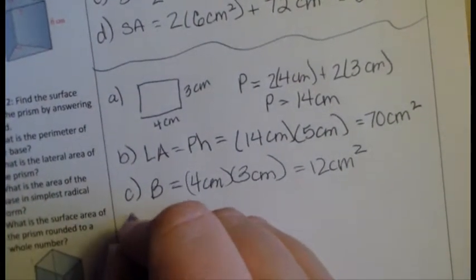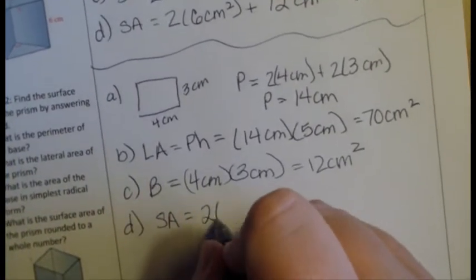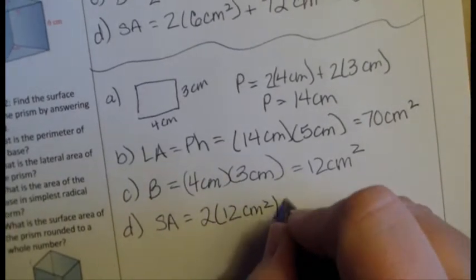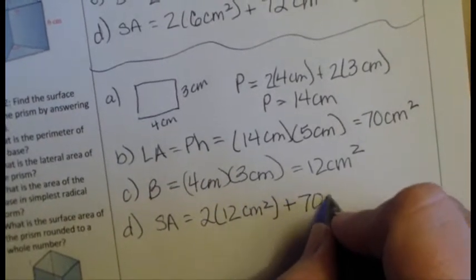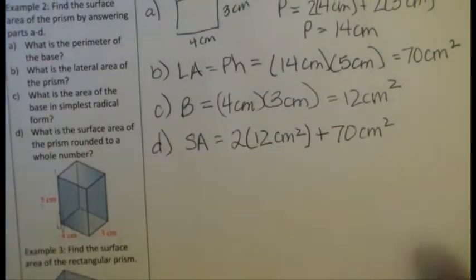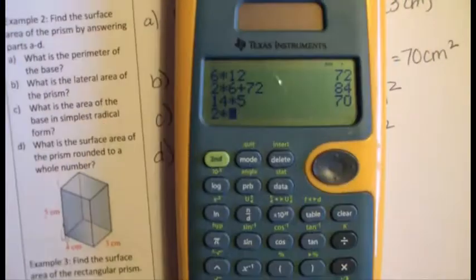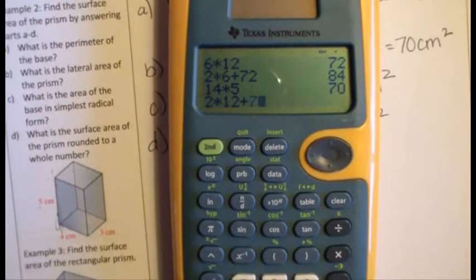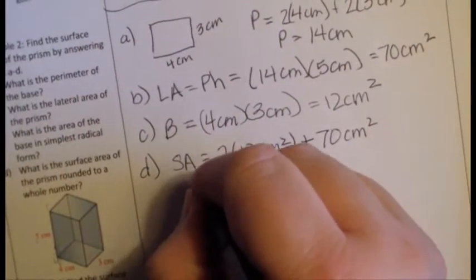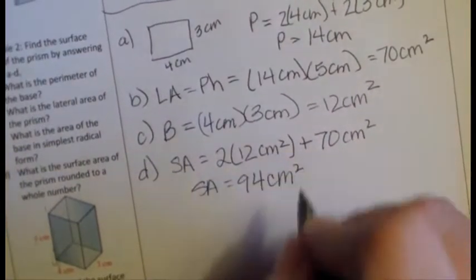So the entire surface area of our rectangular prism is 2 times the base, so 2 times 12 centimeters squared, plus the lateral area, which we already found, was 70 centimeters squared. So 2 times 12 plus 70 is 94. So 94 centimeters squared is our surface area.